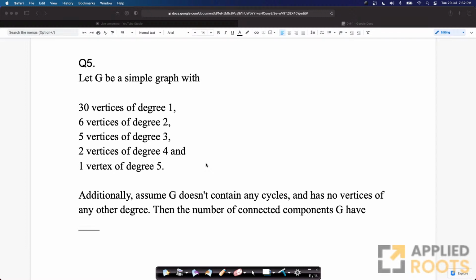This is a very nice question. Please read it, double read it if required. I'll give you a hint after a few minutes.